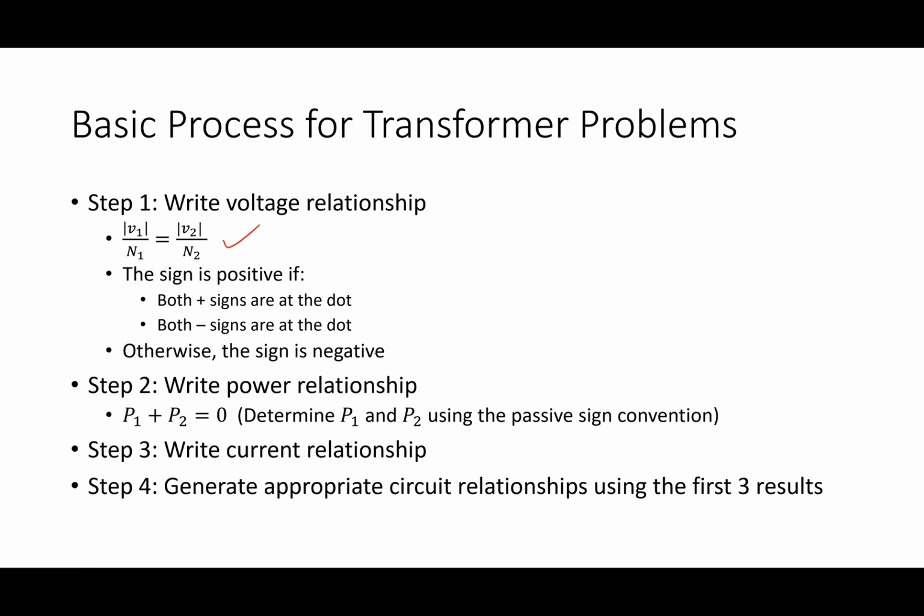Otherwise, the sign is negative. Okay, and we'll look at some examples of that. What I then do is say P1 plus P2 equals 0, and I write P1 and P2 using the passive sign convention. From there, I get the current relationship, and then I just do the circuit analysis from there with my KVL, KCL, sort of typical stuff. So that's our typical process.